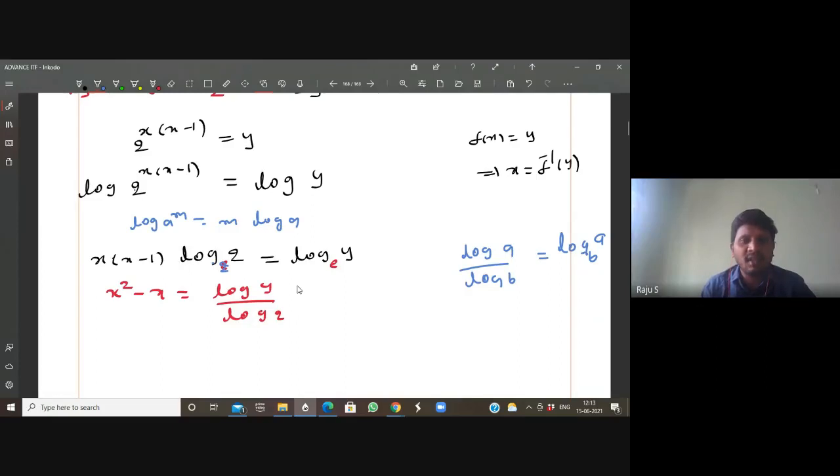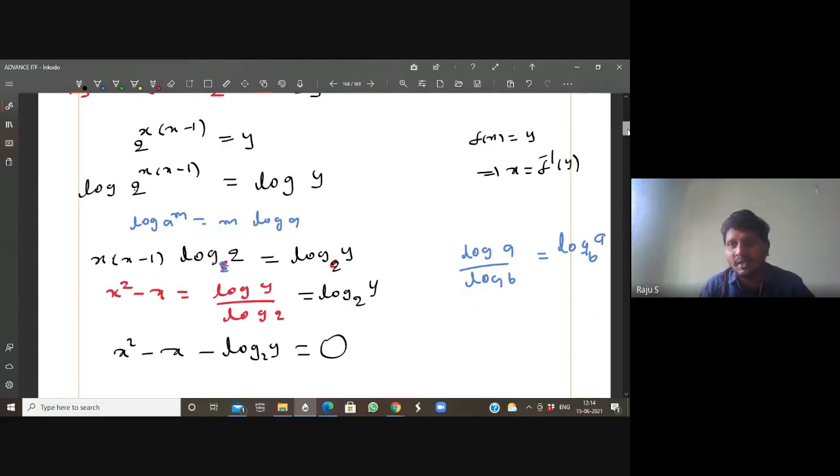Otherwise, if you cross multiply log 2, again we'll get the same. x square minus x is equal to log y base 2. Same answer. This log y base 2 you can take to the left side, so x square minus x minus log y base 2 equals 0. I'm taking this log y to the left side, we got this equation.